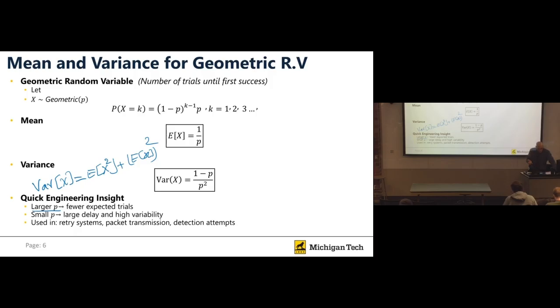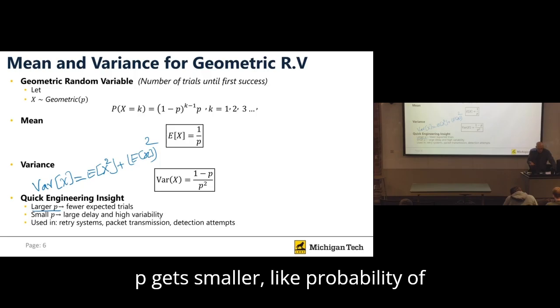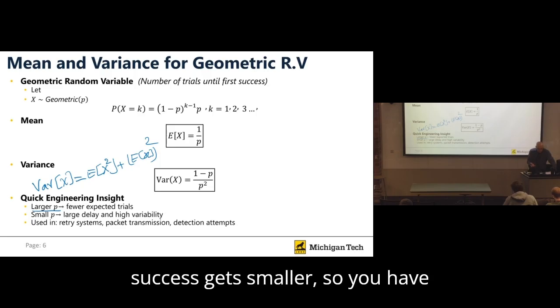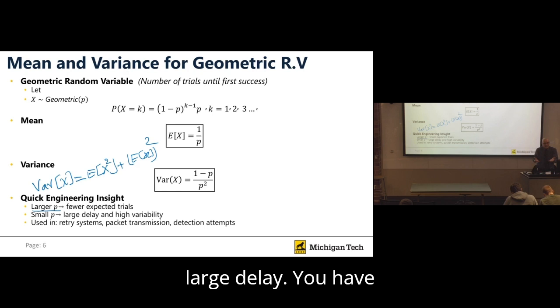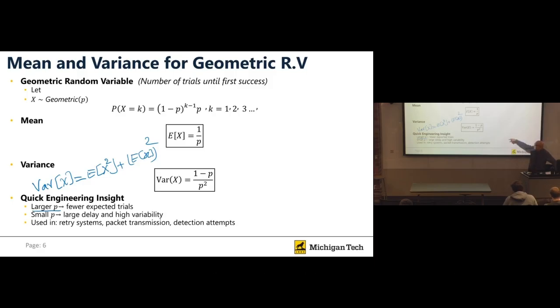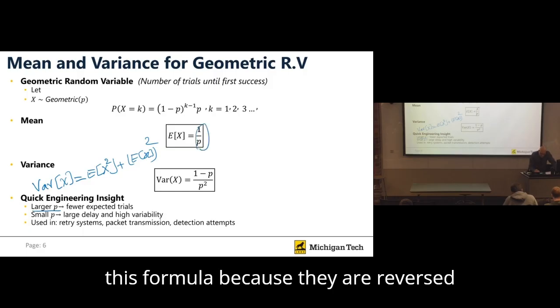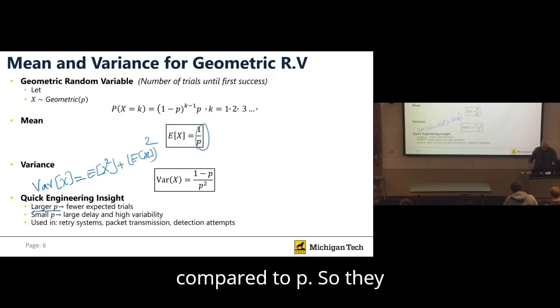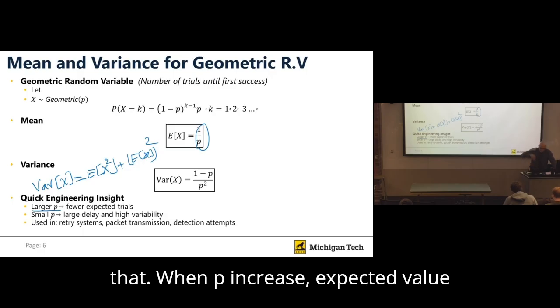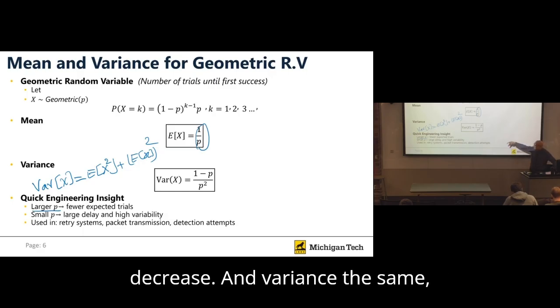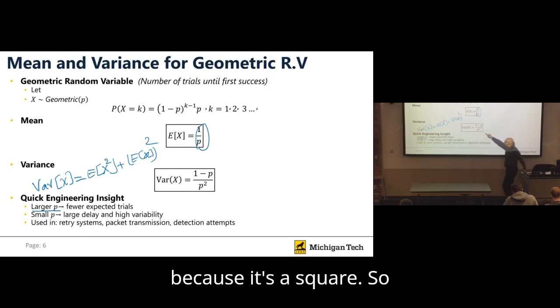And when p gets smaller, like probability of success gets smaller, you have a large delay, and highest variance. So that's something that we can get from this formula, because they are reverse compared to p. When p increases, expected value decreases. And variance the same, because it's a square.